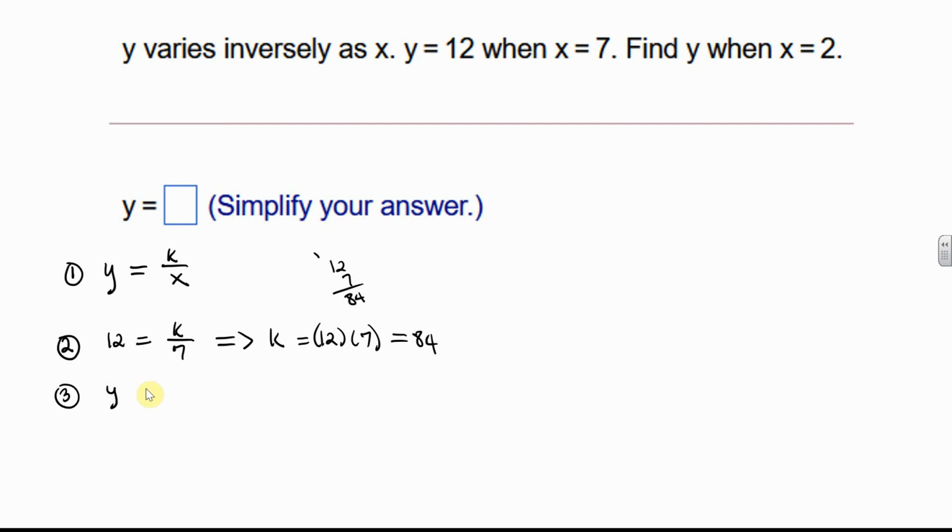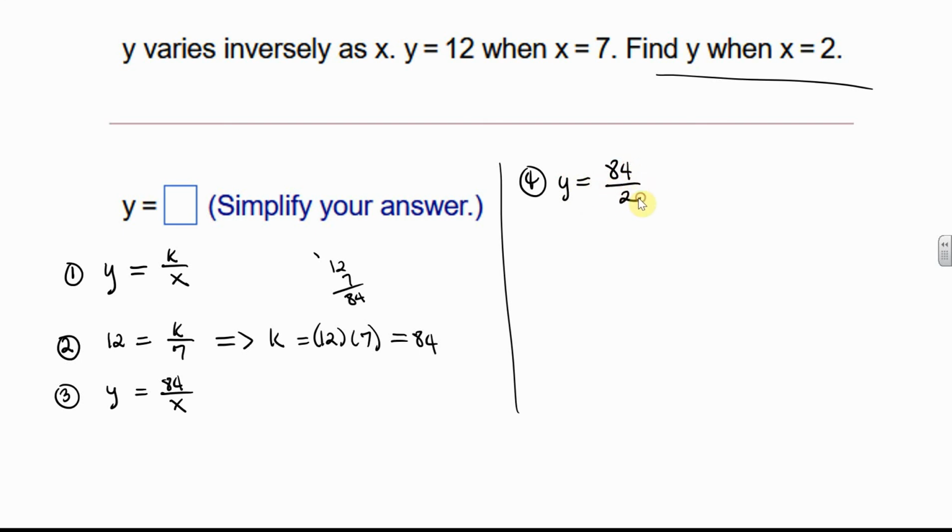So I have y is equal to 84 all over x. Then step number 4, it says now find y when x is equal to 2. So I have y is equal to 84 all over 2. So y is equal to 42. Okay.